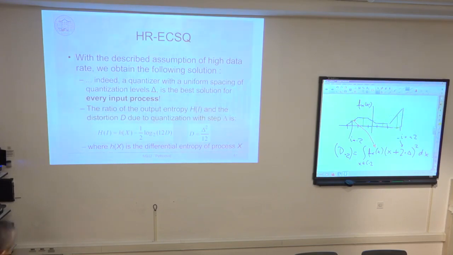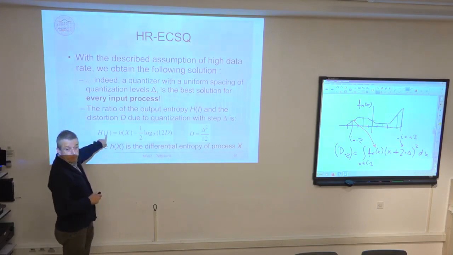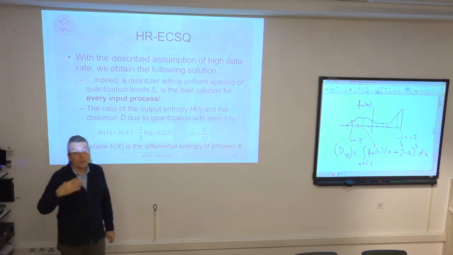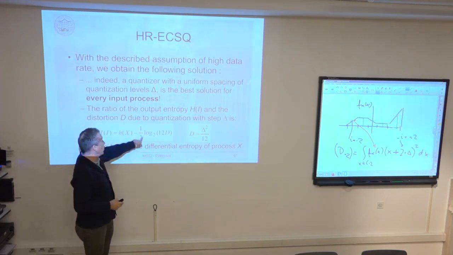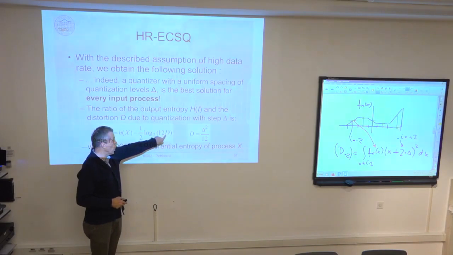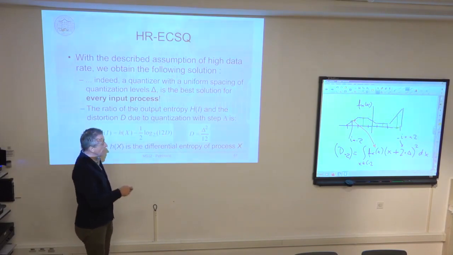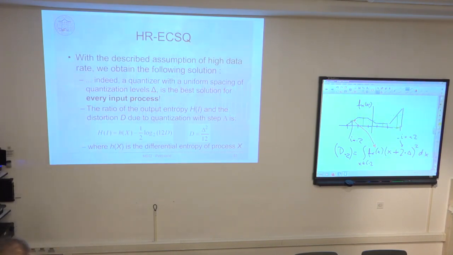Okay, so this here is the entropy of the output indices. So this -2, -1, 0, these are the output indices. What is the entropy of the output symbols? It is equal to something minus 1/2 logarithm base 2 of 12 times distortion. This distortion is directly the squared step size divided by 12.